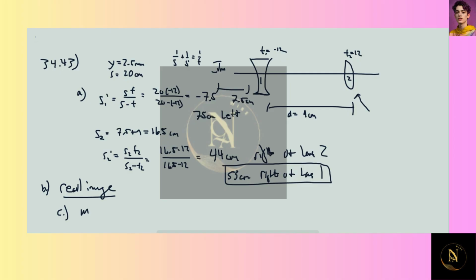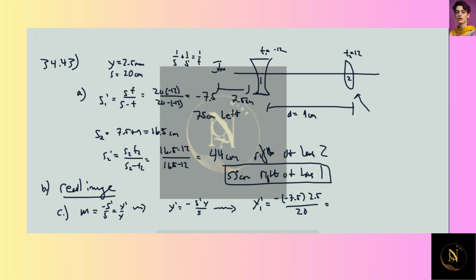We know that magnification M is negative S prime over S, or Y prime over Y. So Y prime is negative S prime Y over S. Now Y prime 1, the height of the image formed only by the first lens, can be written as negative negative 7.5 times 2.5 millimeters over 20.